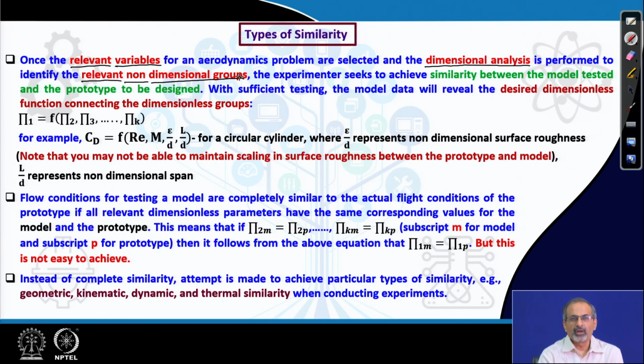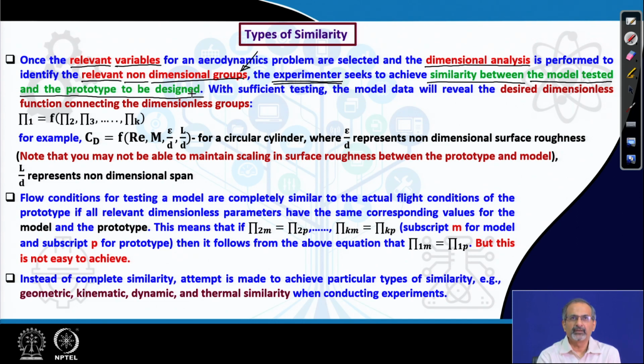So, once you have come to the point where you have identified the non-dimensional groups, the practical experimenter who has the wind tunnel at his disposal seeks to achieve similarity between the model which is going to be tested and the prototype which has to be designed, which is the actual product to which the wind tunnel test results are going to be applicable.